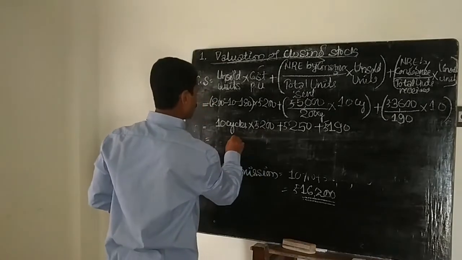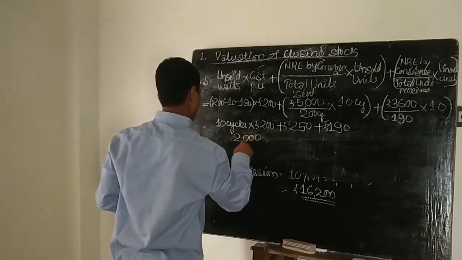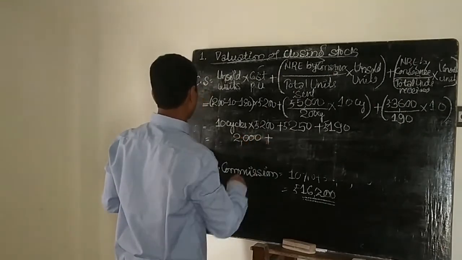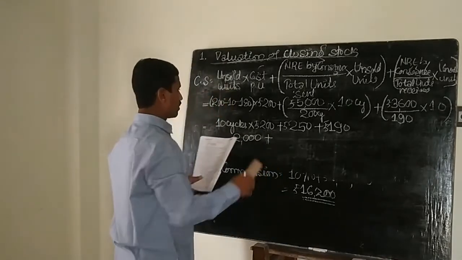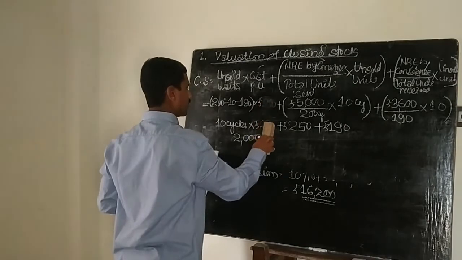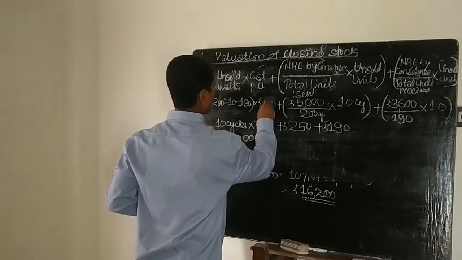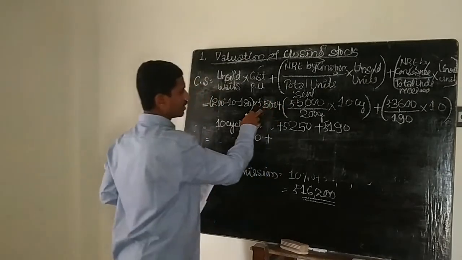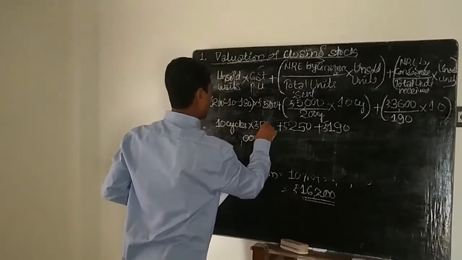So now it is 2,000 rupees. Then plus, so it is 500, no? So this is 500 here. I wrote it wrongly. So it is 500 rupees per cycle. So it is 500 here.